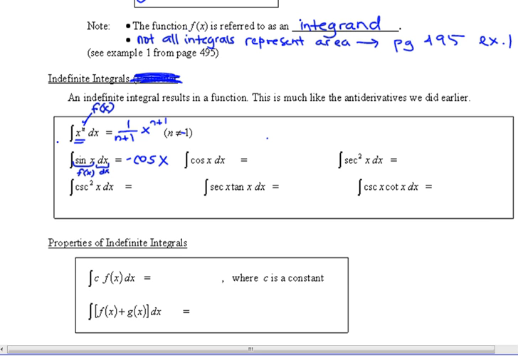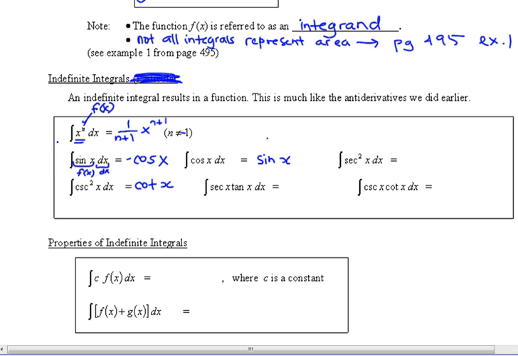Cotan? Negative cotan? No, regular cotan. What about cos? No, just sine. So it's backwards.